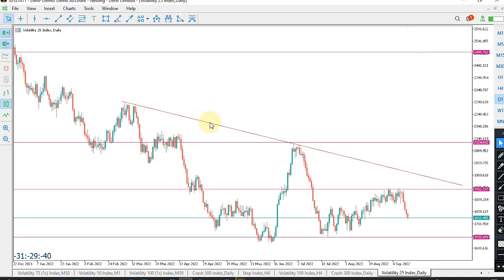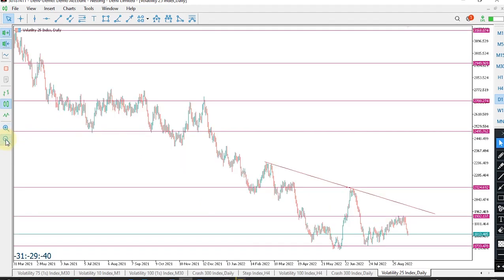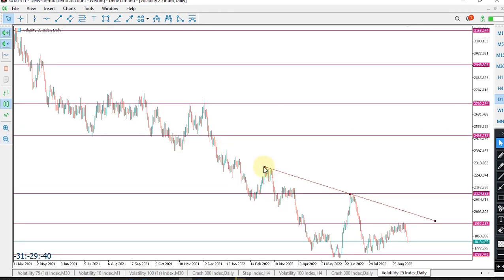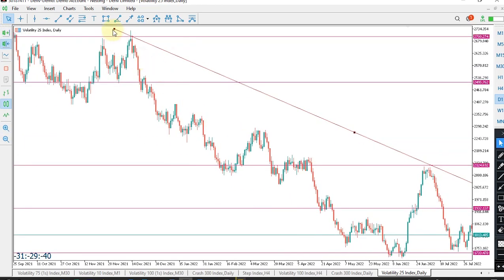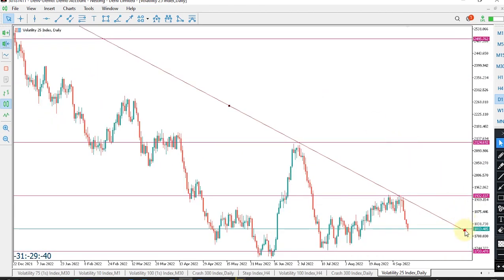Now, I want to do something. Do you see that? I'm trying to adjust this. And do you see what I'm seeing? What I can see here is actually a touch strategy.